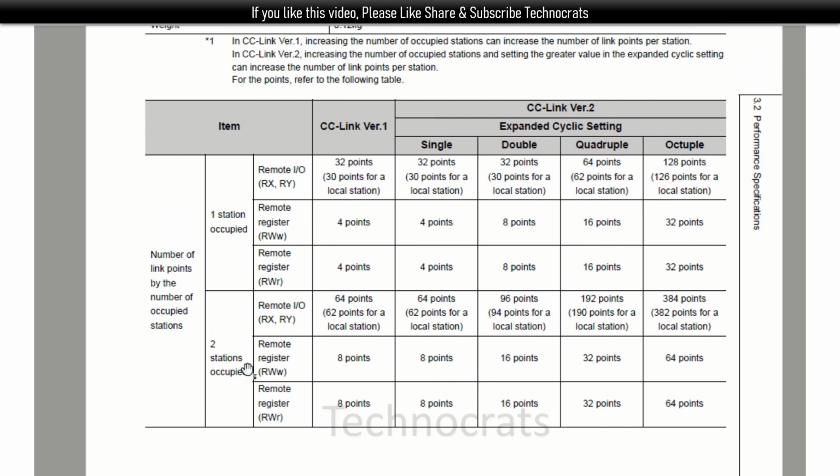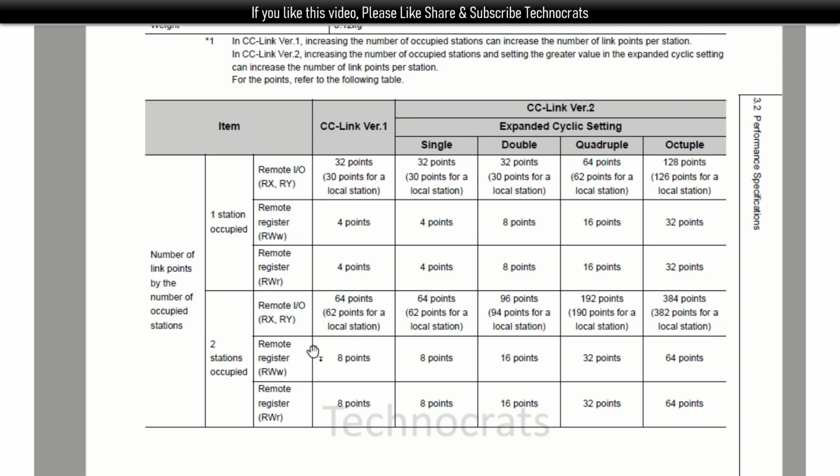In a CC-Link network, this buffer memory for RX and RY are predefined for each station. Similarly, for RWR and RWW, a predefined buffer memory is allocated according to the station number of the remote IOs.